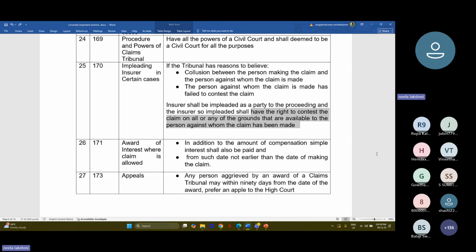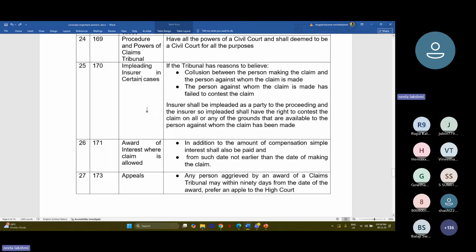So it is mandatory that the driver or the owner of the vehicle be made party to the proceedings, and the insurance company steps into the shoes of the owner. So we have the right to contest the case on behalf of our insured, taking all the rights available to him, and we are making this section 170 petition.